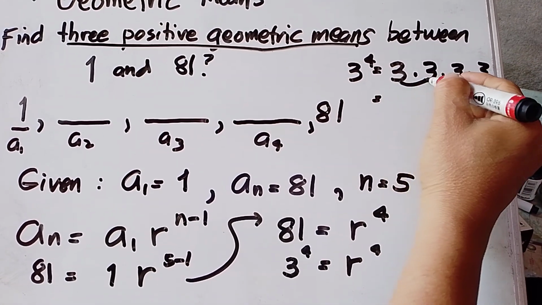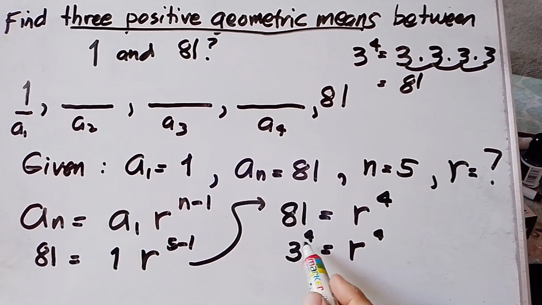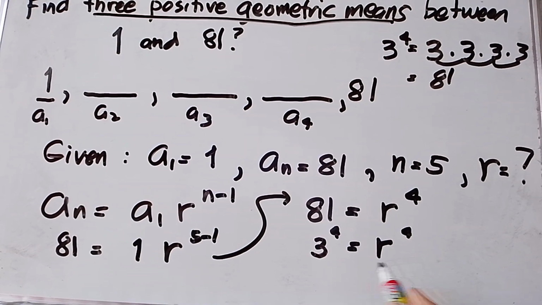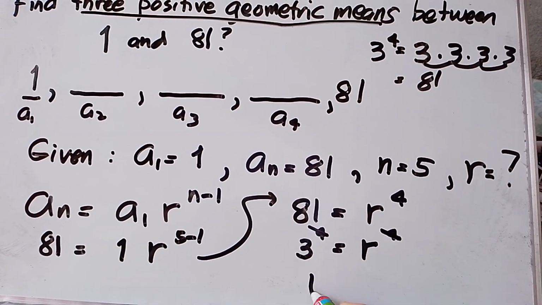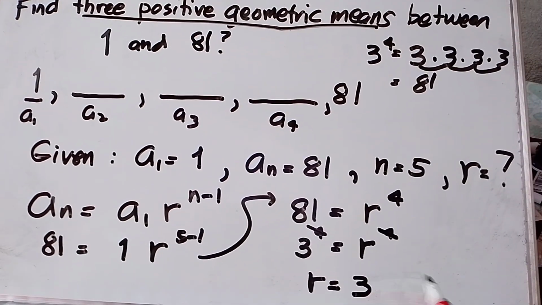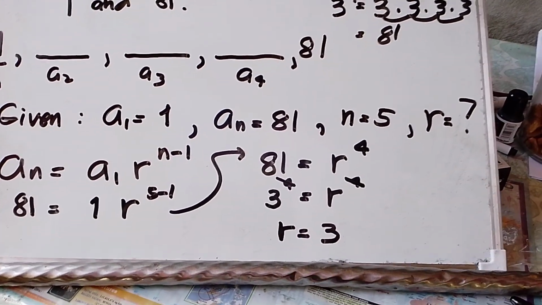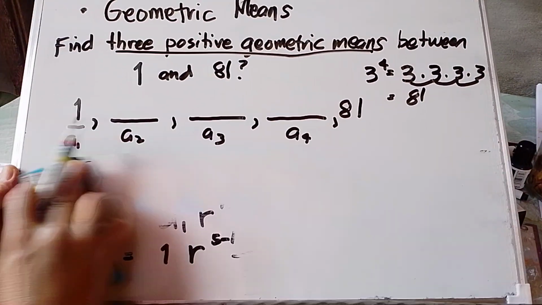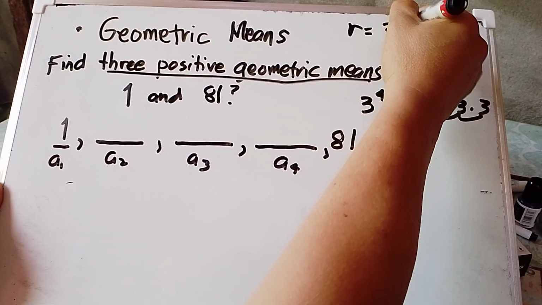So this is 9, 27, 81. So that's correct. Take note that the bases have the same exponent, so the same exponent will be crossed out. So I have here r is equal to 3. Therefore, my common ratio is 3.